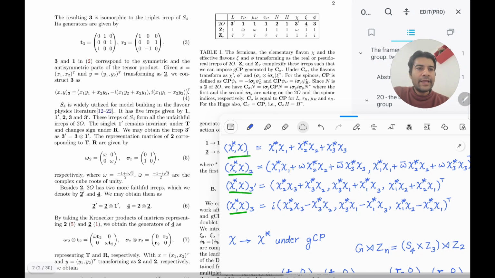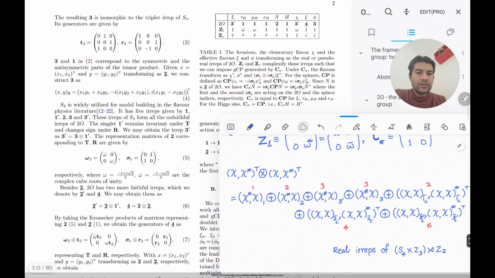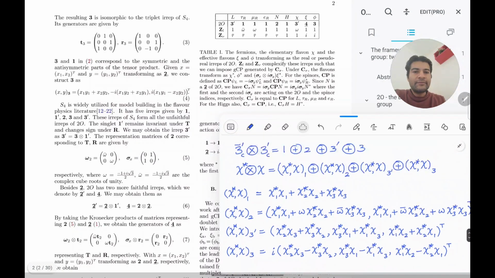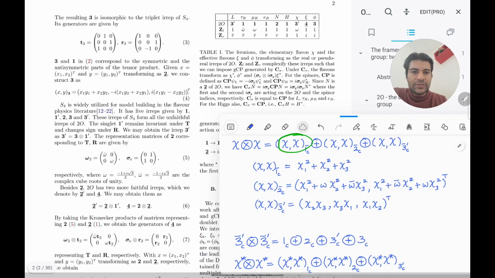Okay, and the 5th one that you can see here, it's a doublet. So you have chi chi 1c bar and then chi chi 1c bar star. And what is this object? It is nothing but this object and its complex conjugate this.